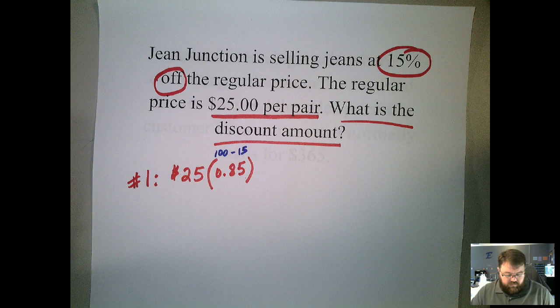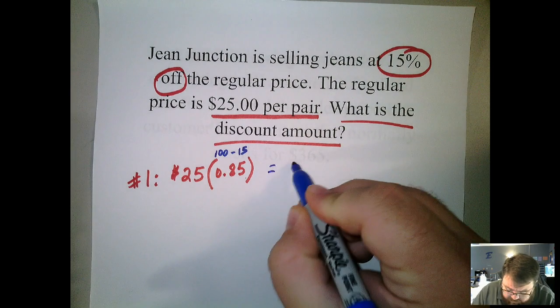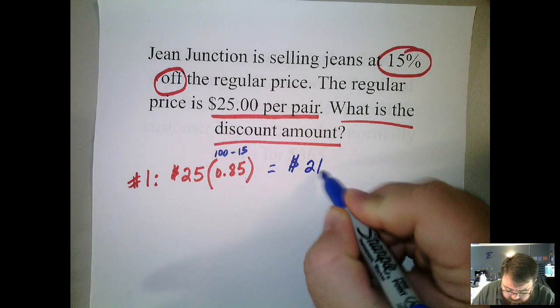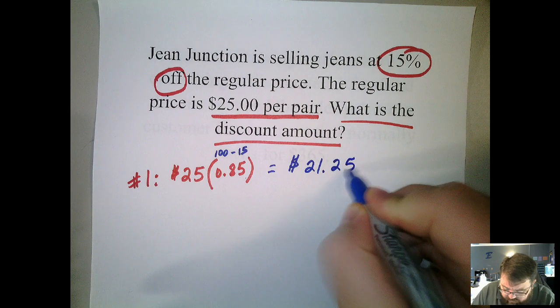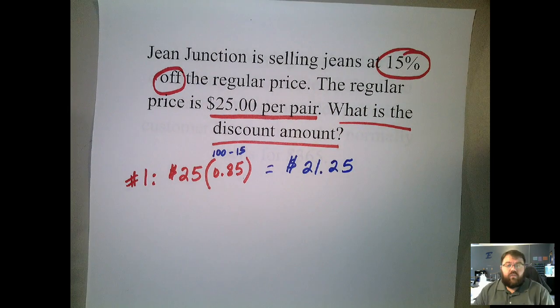And then all I need to do is take 25 and multiply it by 0.85. And that's going to give me $21.25. That's option number one.